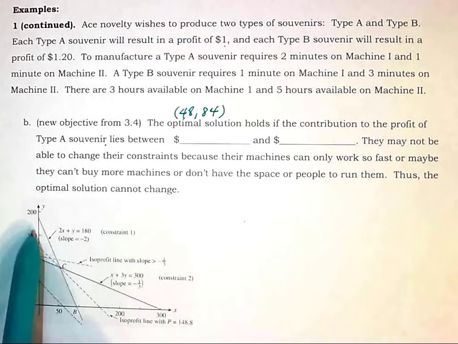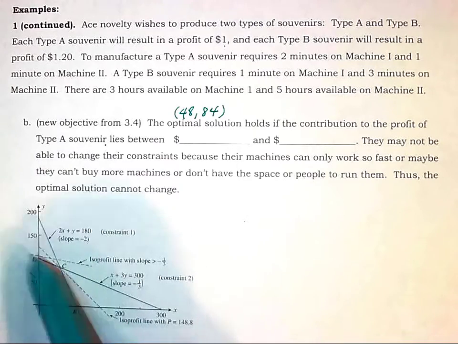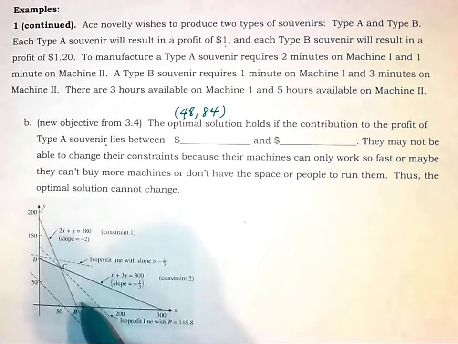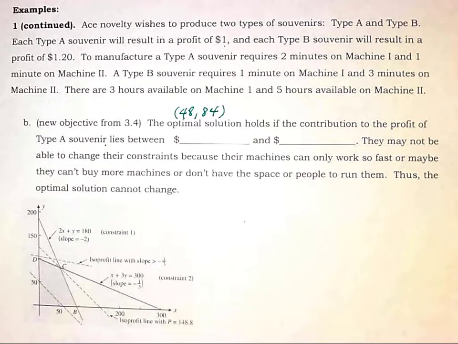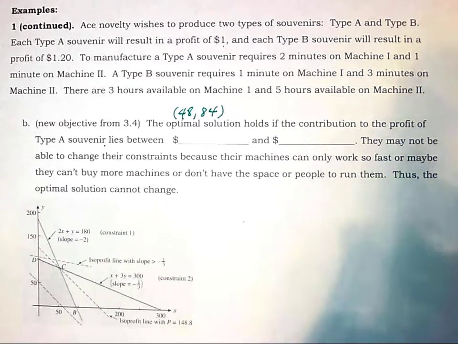And if we go beyond this isoprofit line, like up here, that's also going to change our optimal solution. So we need to stay within the boundaries of these two isoprofit lines. And the way we do that is we can compare the slopes with the slope of the objective function. In other words, what number is sitting in front of the x once everything is solved for y. And that's how we're going to do our comparisons.